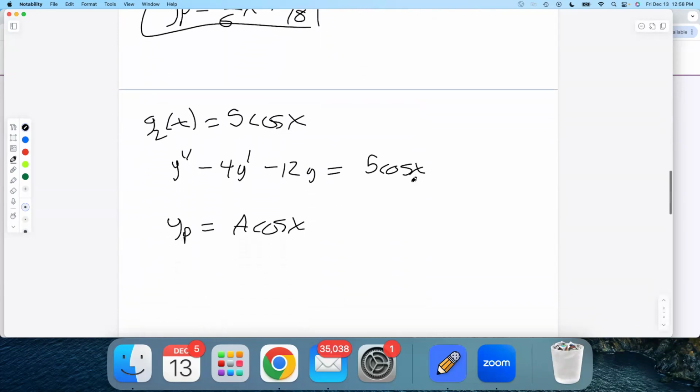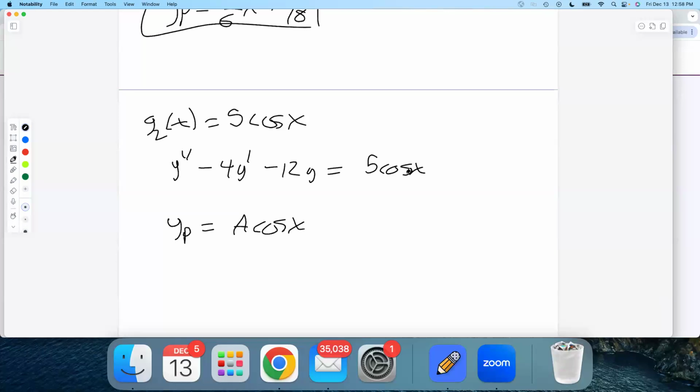Secondly, you make this assumption, you go ahead, try it. Right here, his derivative is going to spit out a sine. His second derivative is going to get you back to a cosine. There's not going to be any way to get rid of that sine. This isn't going to work.